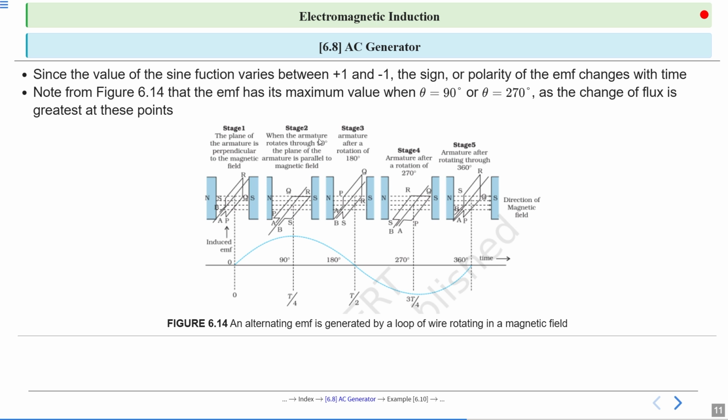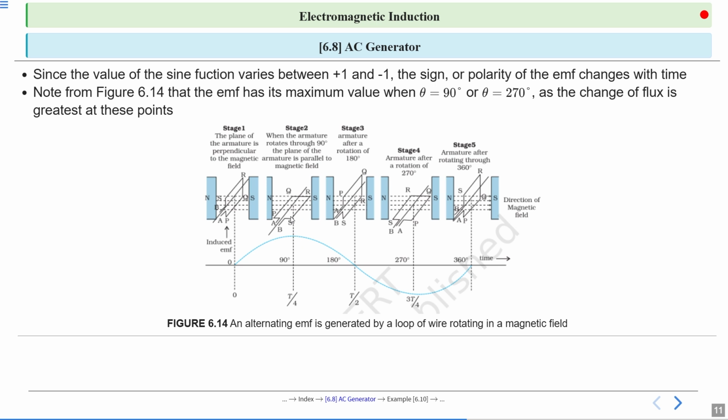The armature has rotated through 90 degrees, so the area vector makes a 90 degree angle with the magnetic field. The plane is parallel, but the area vector is perpendicular to the magnetic field. Now sine 90 degrees is 1, so epsilon is equal to epsilon naught, the maximum value in the positive cycle.